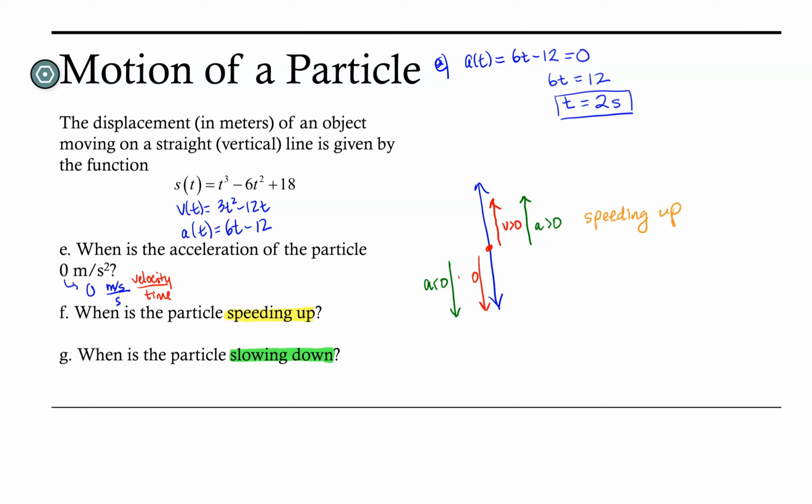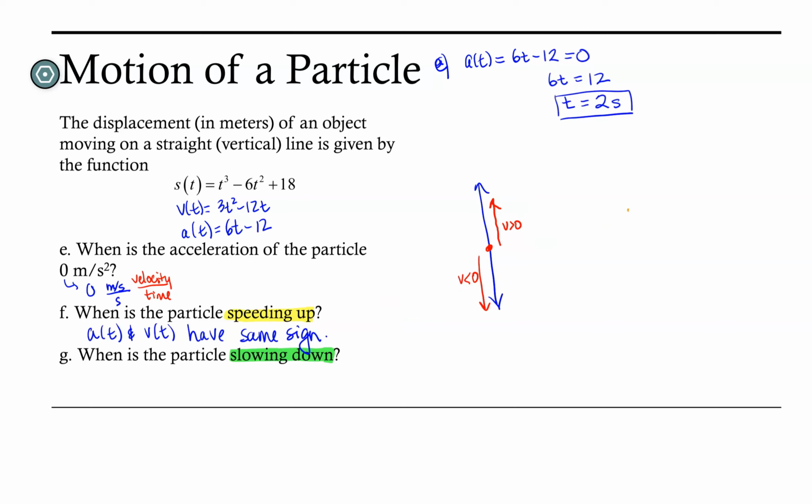My velocity would also be negative just because I'm headed in the southward direction. But because the acceleration and the velocity are oriented in the same direction, I would also call that speeding up. So a particle is speeding up when acceleration and velocity have the same sign. They're both positive or they're both negative.